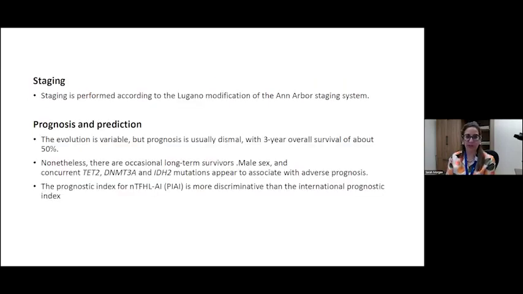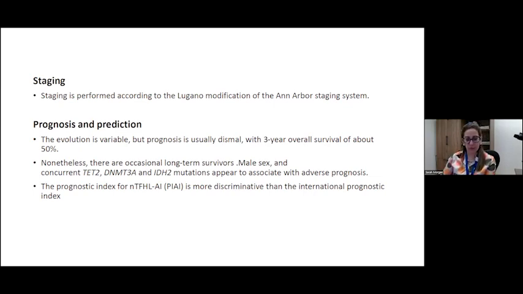So finally, the staging for those cases is using the Lugano modification of the Ann Arbor staging, and those patients don't usually do well. They are really sick, and the prognosis is dismal. So the 3-year survival is about 50%.